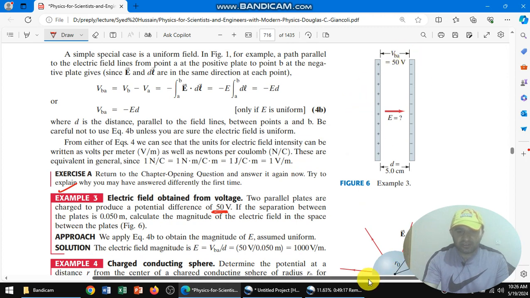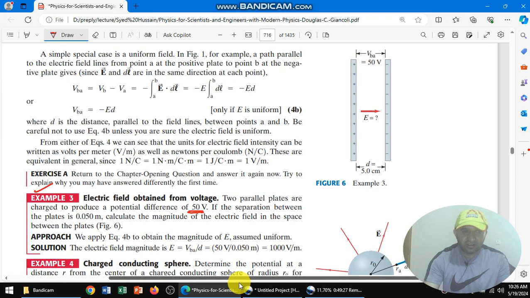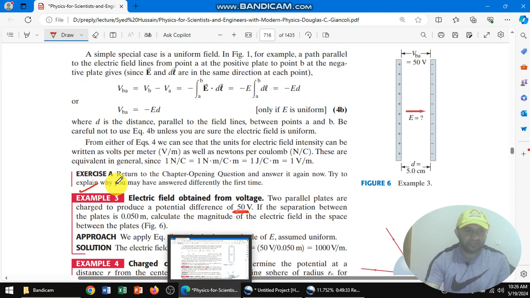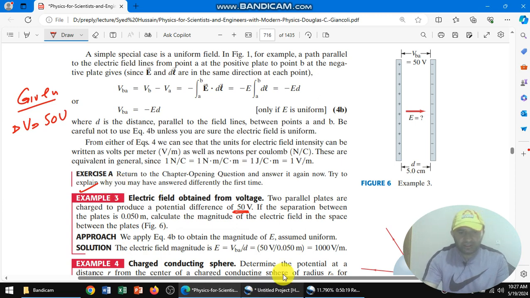So the given data for this problem is: the potential difference is 50 volts, and the separation between the plates is D equal to 0.050 meter. We need the value of the electric field intensity E.